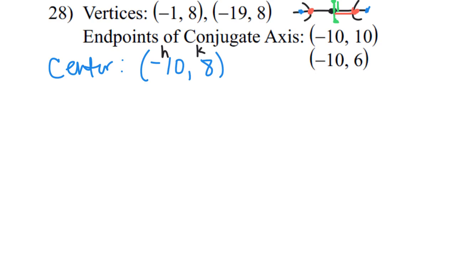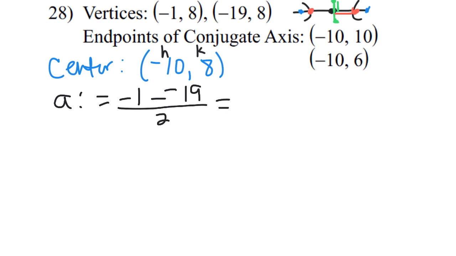So the first thing I'm going to do is calculate my a value. So I look to my vertices to find that. So I need the distance between -1 and -19. So I subtract that. So a equals -1 minus -19 divided by 2. So I'm using that part of the distance formula.